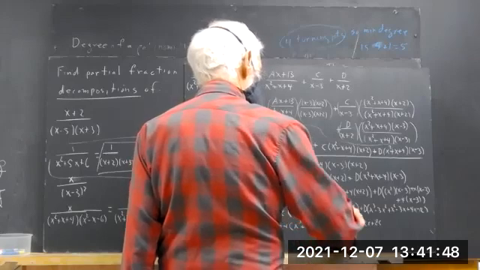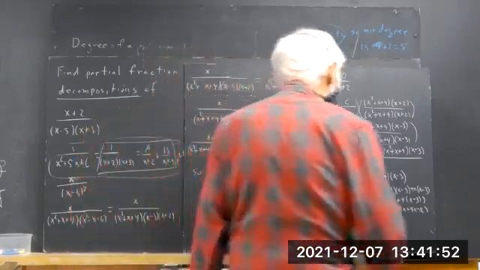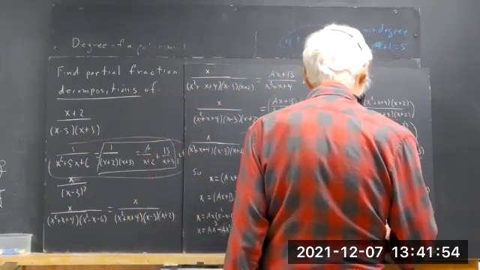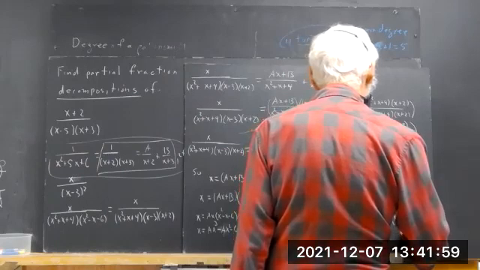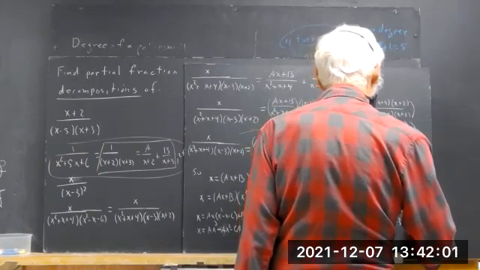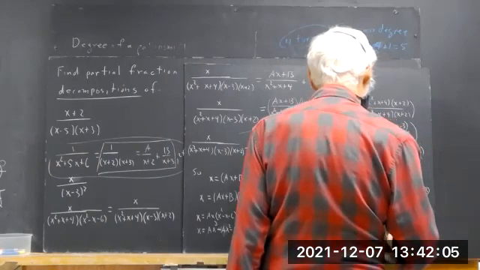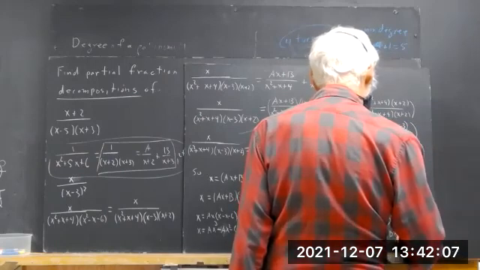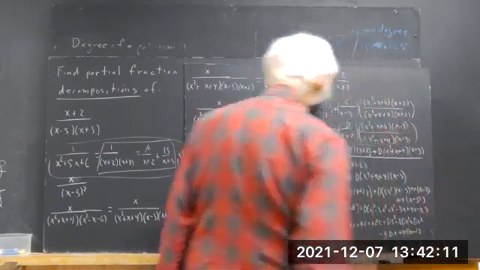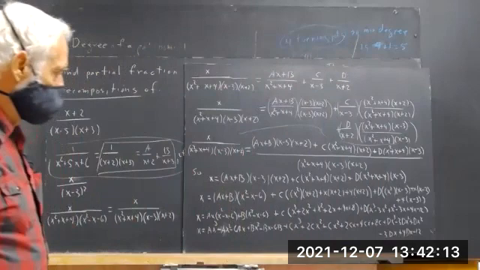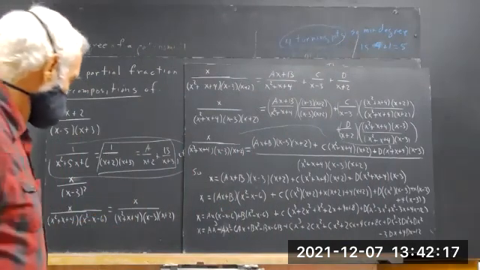And that takes care of all this. And we get dx cubed minus 3dx squared plus dx squared minus 3dx plus 4dx minus 12. Well, that's pretty simple, isn't it? Well, that's a mess.